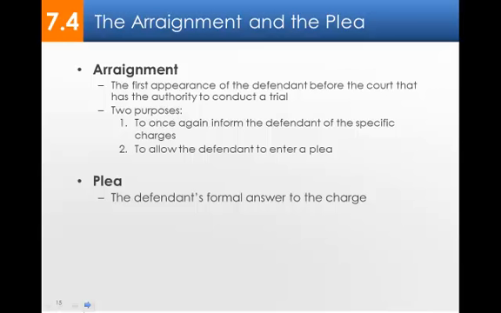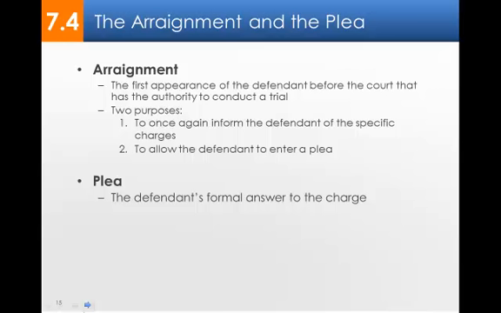The most common pleas are guilty, not guilty, which would mean then it's going to go to trial, not guilty by reason of insanity, which means then there's going to be a mental health evaluation, guilty but mentally ill, or nolo contendere.